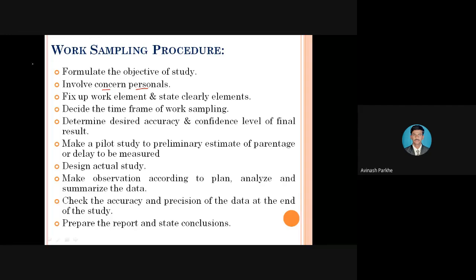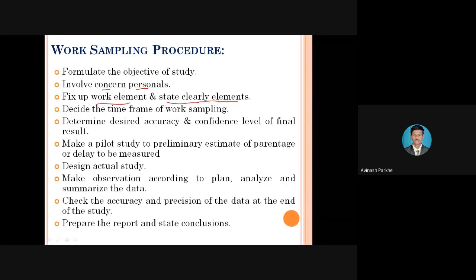So what is the first requirement? Fix up the work elements and state clearly the elements. Whatever the number of tasks we have to perform, first of all we have to decide that, and according to that we go for the number of observations. If your task is not ready, if your sequence of operation is not ready, at that time it is not possible to go for the observations.